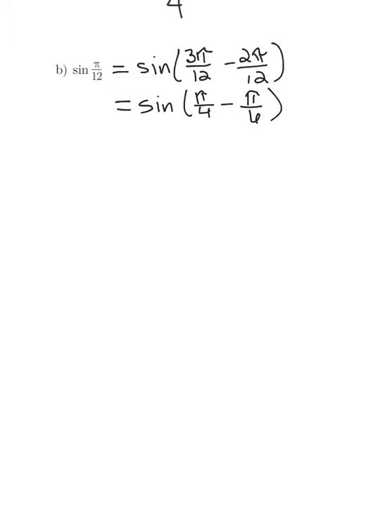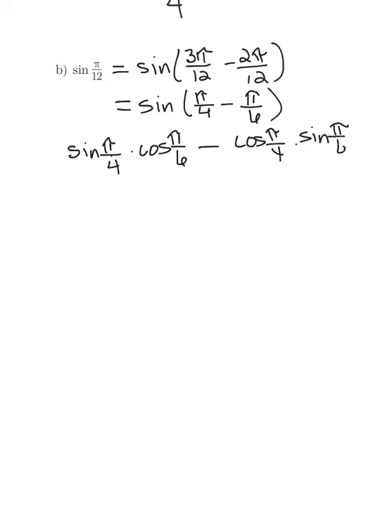Now we're going to put the sine version into practice, which says we do the sine of the first angle, pi over 4, times the cosine of the second angle. Keep the operation the same, then do the cosine of the first angle times the sine of the second angle.